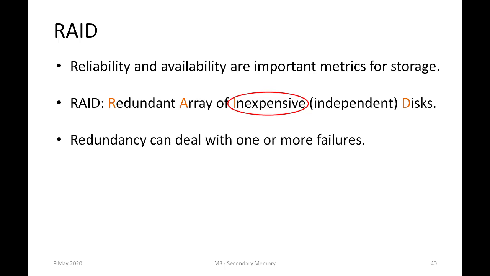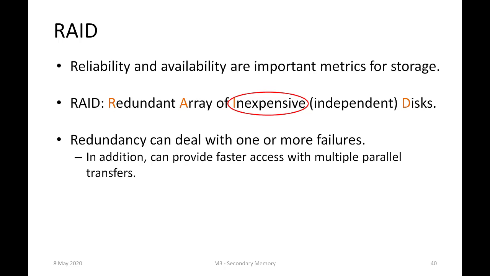Redundancy can deal with one or more failures. And if you remember, redundancy was one of the great ideas of computer architecture that we have seen in module 0. In addition to providing a reliable storage, redundancy can sometimes help us with faster access of data.